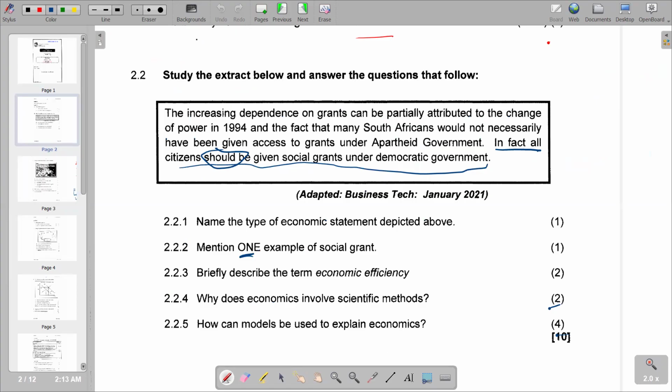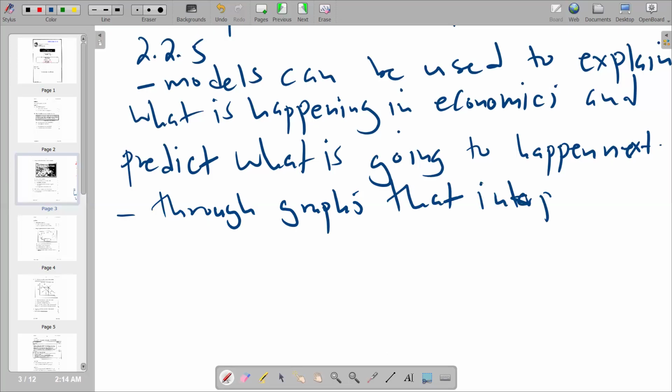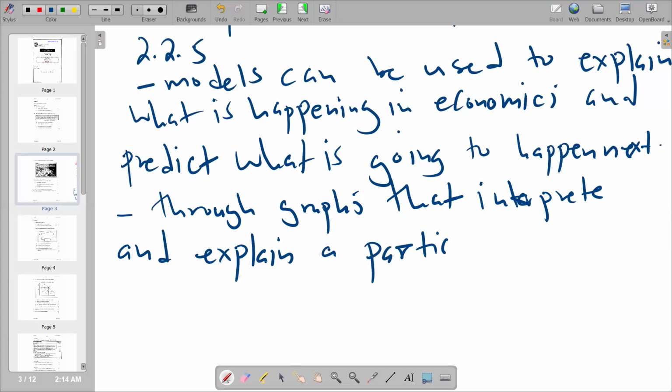You'll see that it can be used to explain economics through graphs that interpret and explain a particular theory. So basically, that's what we have on the last part of our question.